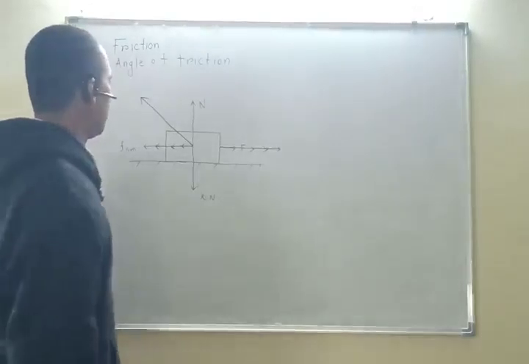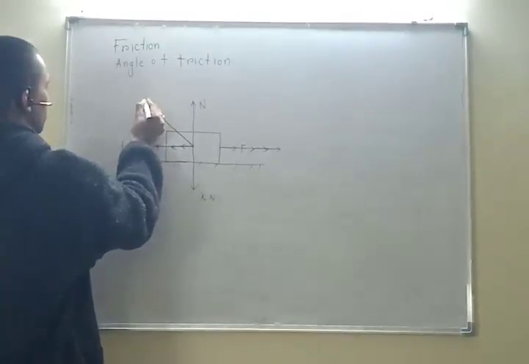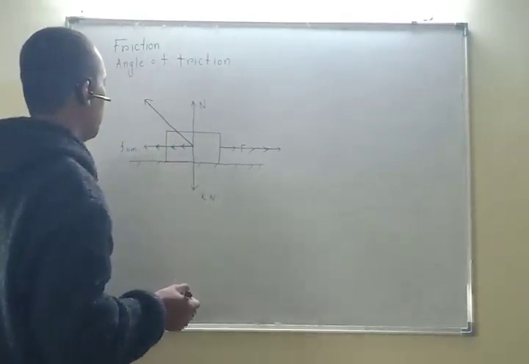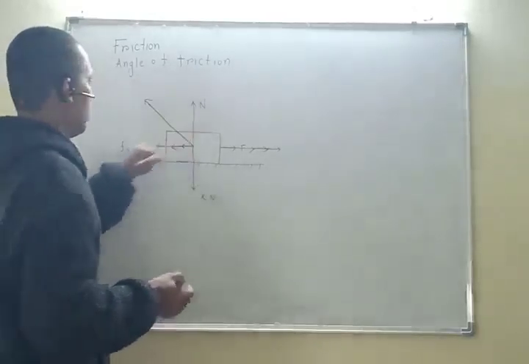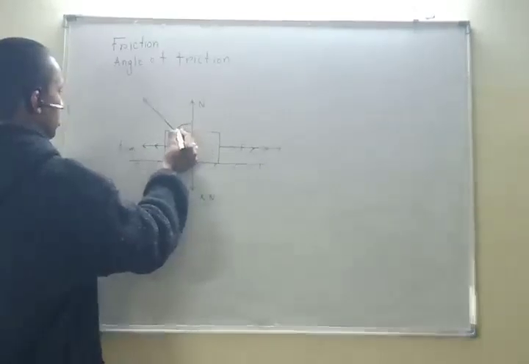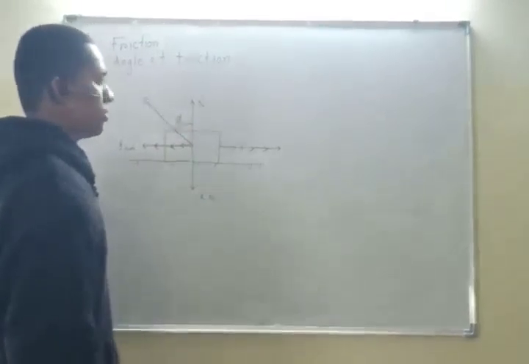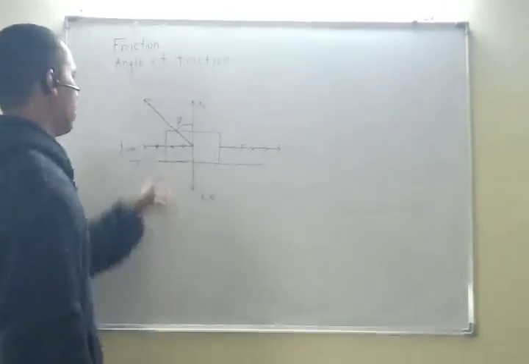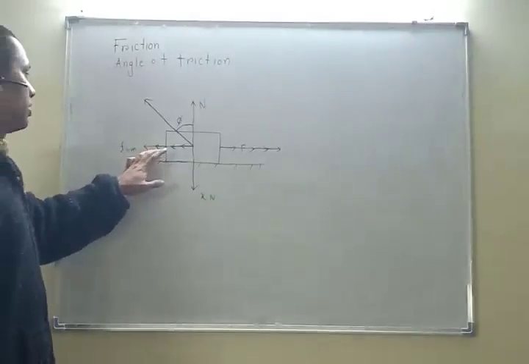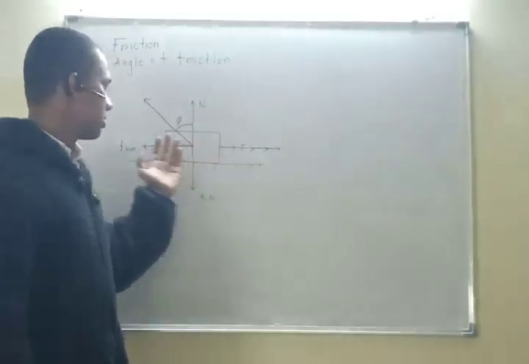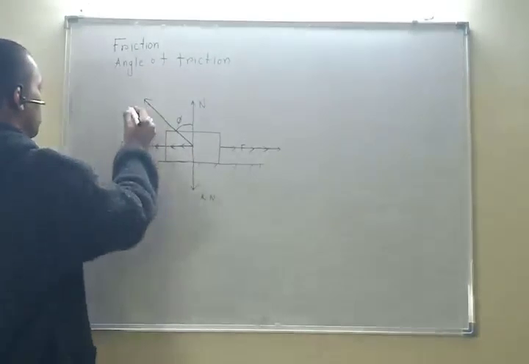Whatever angle is made by the resultant with the normal, suppose this angle is phi, this angle is called angle of friction. So angle of friction is when the maximum amount of friction is generated. In that case, the resultant is passing like this.